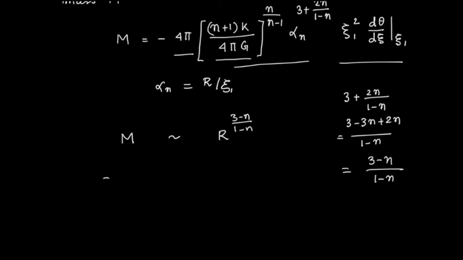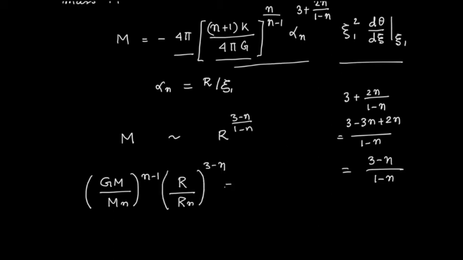If you work it out, you will see what you get here, including all the constants, is g m by mn, whole to the power n minus 1, times r by rn, whole to the power 3 minus n, equals n plus 1 k by 4 pi g, I guess only this much to the power n.